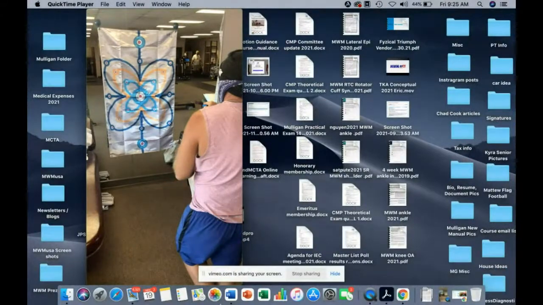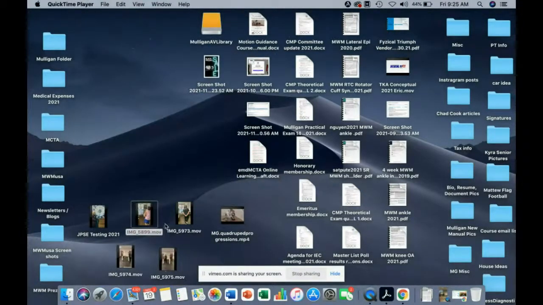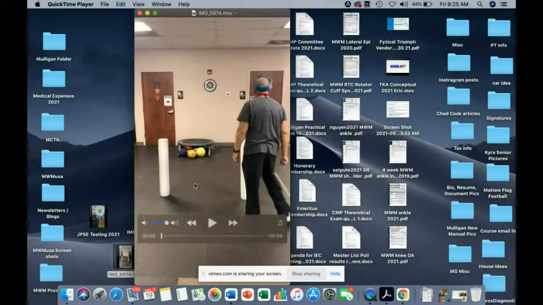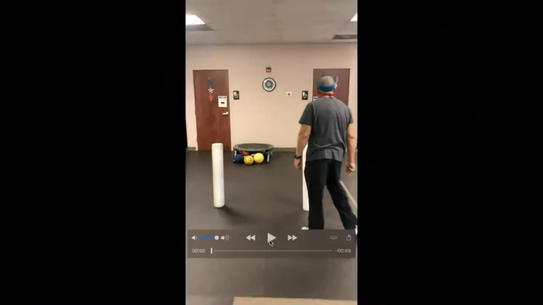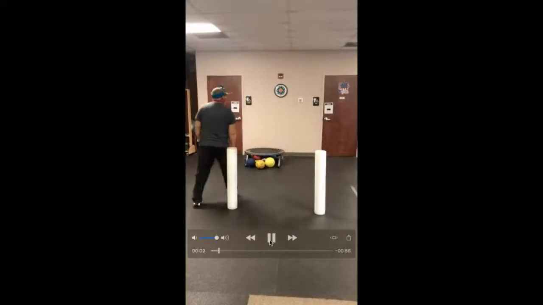If we take that same patient and let's see here, we can progress on to walking skills. So let's make sure this is the right one. I think it is. So this is an infinity walk or a butterfly walk.